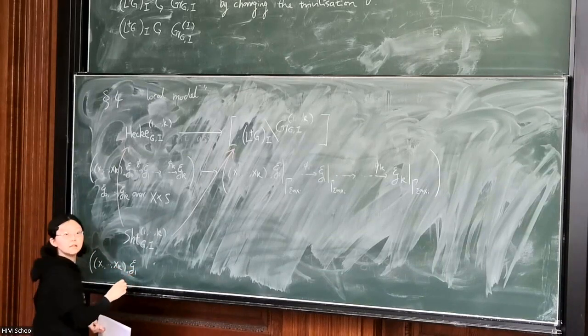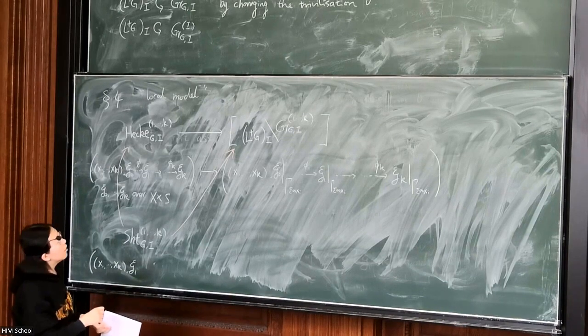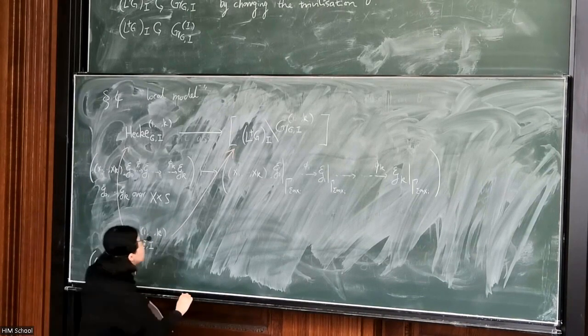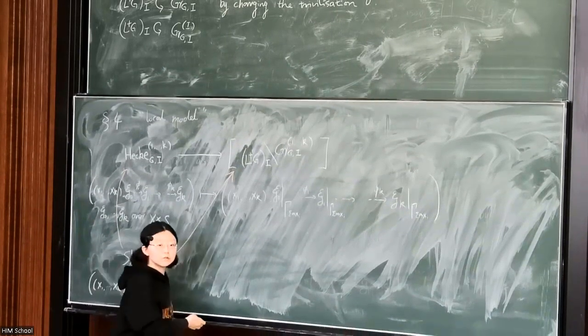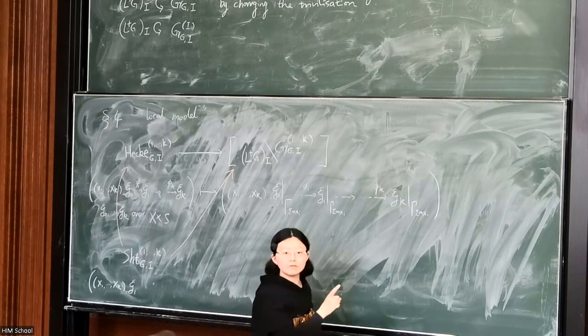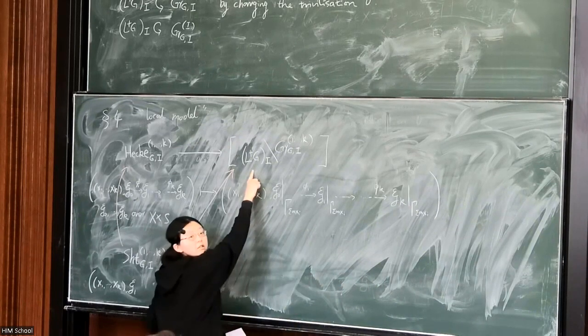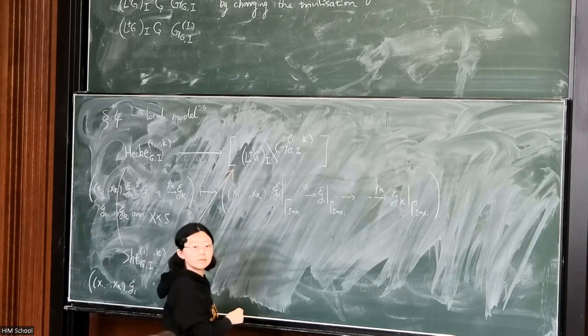Oh, this means the restriction. Oh, it is not trivial. We don't have trivialization because you quotient out this group. It still exists some.